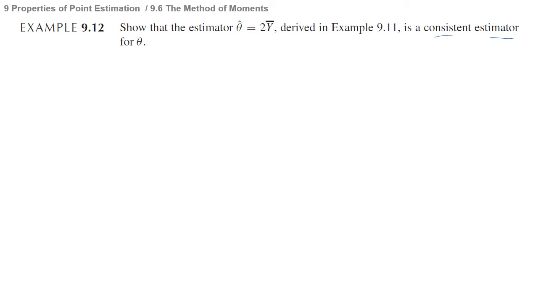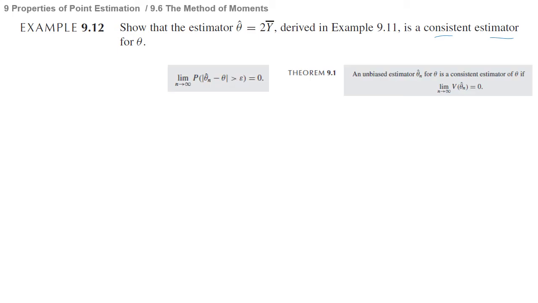To remind you, consistency is what we are proving, and we are going to use theorem 9.1, which says an unbiased estimator theta hat n for theta is a consistent estimator of theta if the variance of theta hat n goes to 0. So firstly, we need to prove that our estimator 2y bar is an unbiased estimator.